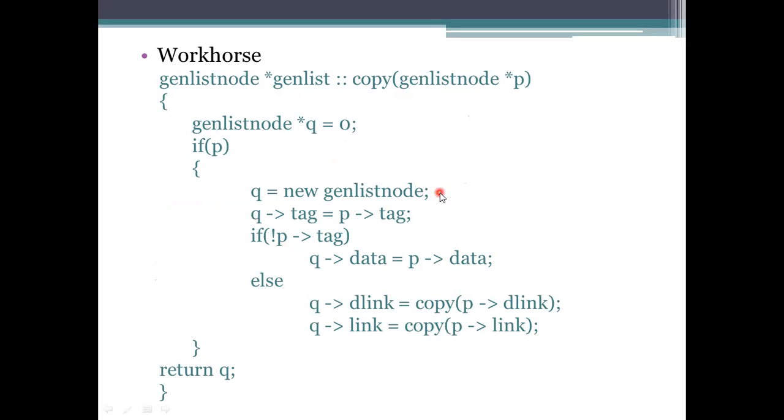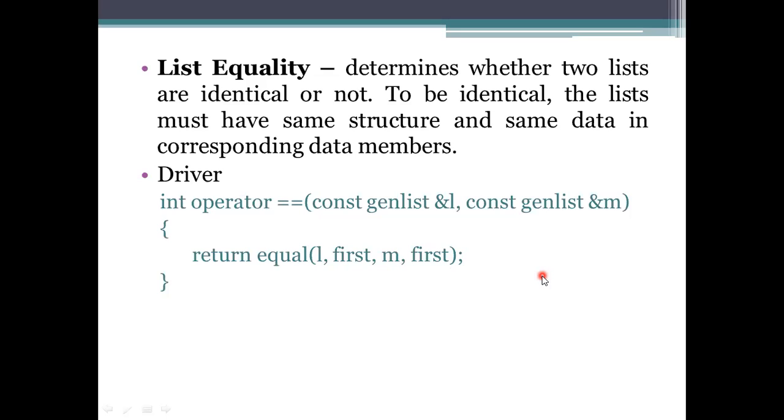If it is empty, just leave it. If not, what happens? If it has some elements, process these elements from one list to another list, and we need to take the tag into account, whether it is an atom or a list, and then we need to copy these elements into that one.